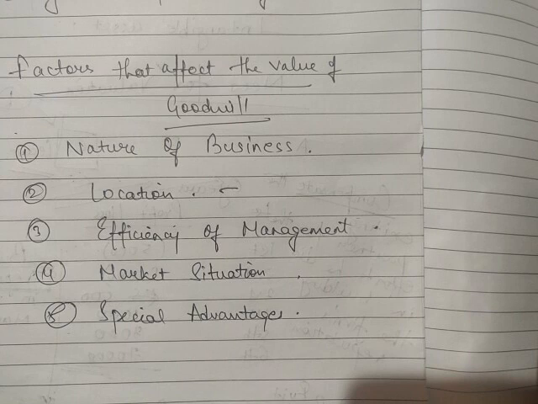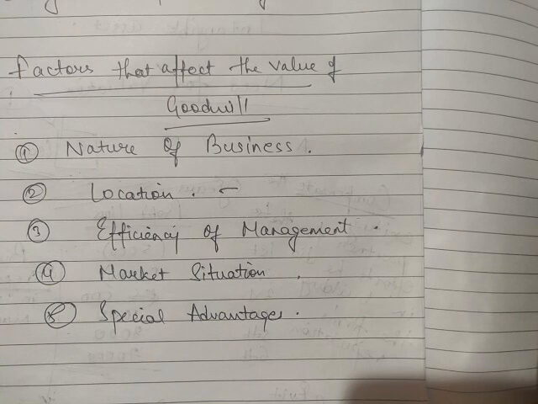So, ultimately, since only this firm will have the power to use that special technology, it will have an advantage over the other firms, and therefore, the goodwill for this company will be high. So, we've seen that the nature of business, location, management, market situation, and special advantages are a few factors that affect the valuation of goodwill.